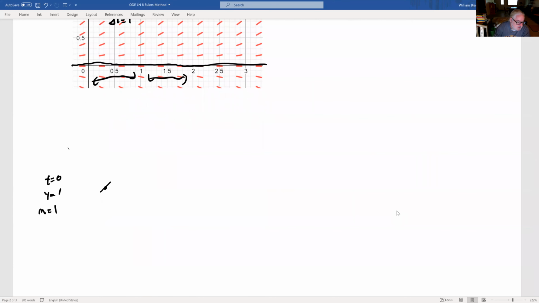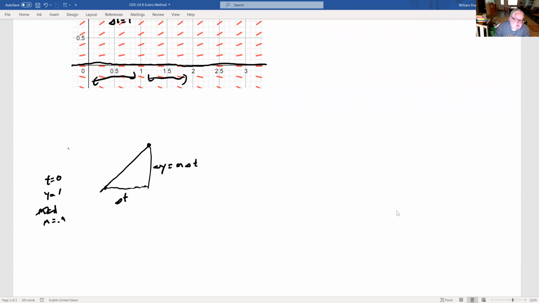Slope equals 0.9. So if we've got a point and a slope, that means we can draw the line through there, and we can mark off a certain distance, say delta t, and then this is delta y, and that's m times delta t. And that brings us to a new point.